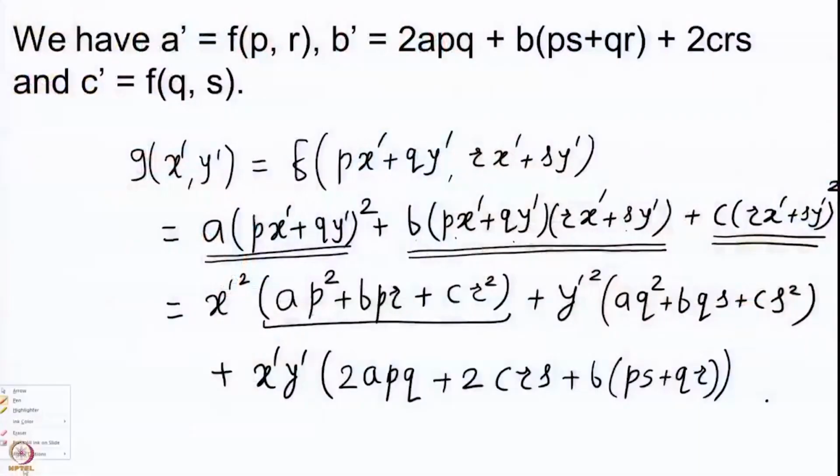The only important thing you should remember here is this: a prime, the coefficient of x prime square, is the earlier form evaluated on the pair of integers p and r, and the coefficient of y prime square is also the form f that you started with, evaluated on q and s.